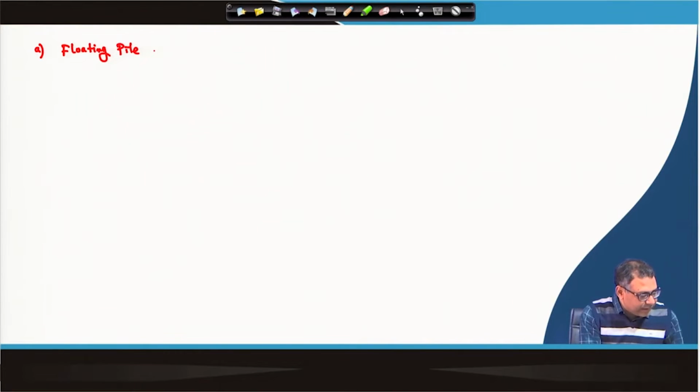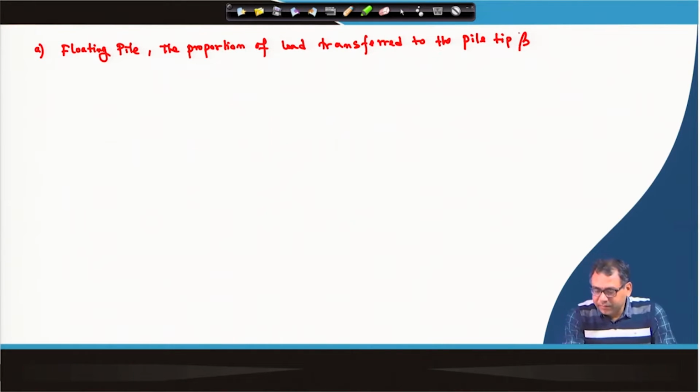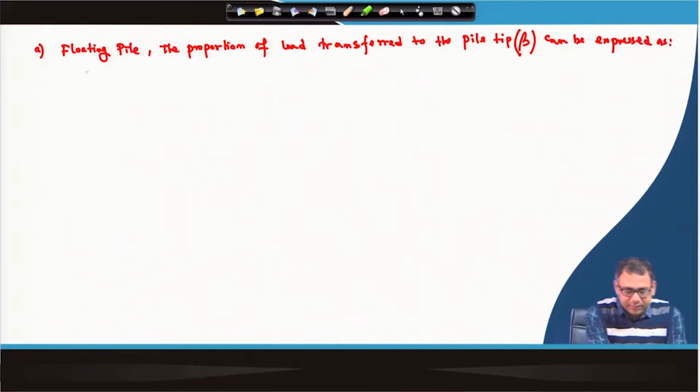For the floating pile, the proportion of load transferred to the pile tip, beta, can be expressed as beta = beta_0 C_k C_nu.